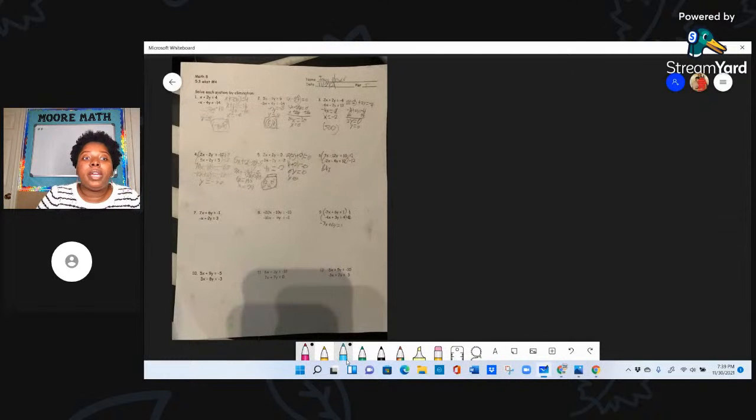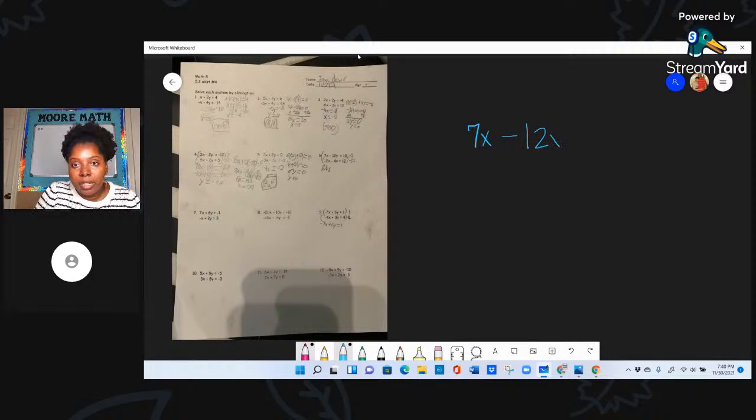Also be careful, because you see how for number 4 we got totally different answers. You actually didn't have to do any of that multiplication because when we did it together, you were able to see that minus 2y and 2y actually did cancel out. So just be careful for number 4. But number 6 is what you are talking about.